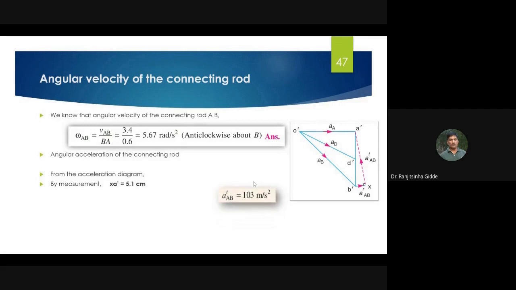Next line you can write, therefore this ATAB is equal to, so whatever 5.3 into scale, x 109 110 112, that is correct.